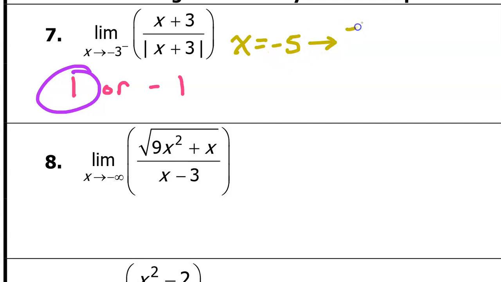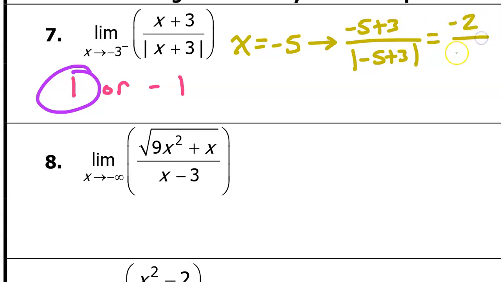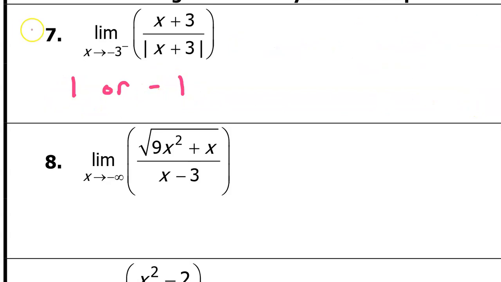In that case, we have negative 5 plus 3 divided by the absolute value of negative 5 plus 3. And in the numerator, we have negative 2, while in the denominator, we have the absolute value of negative 2. Well, that's going to be negative 2 divided by positive 2, which turns out to be negative 1. Kabam! These are the only two possibilities.